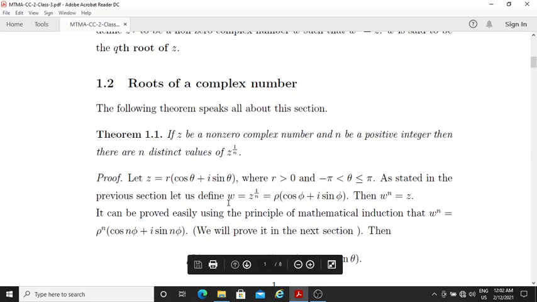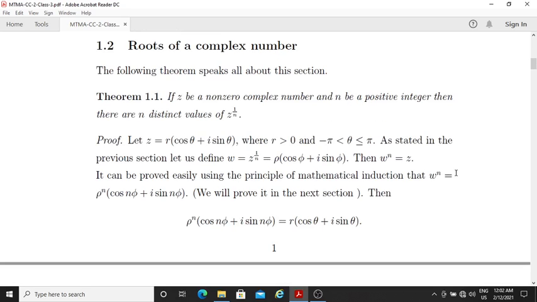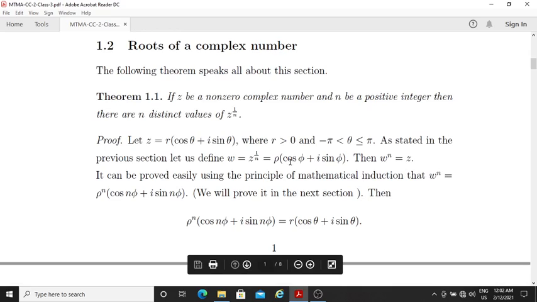All right. Now, suppose the nth root of z is some complex number w. Then, as it is a complex number, it can be written in polar representation as rho (cos psi plus i sin psi). Then w to the n is z. Now what is w to the n? It is merely this whole thing to the power n.